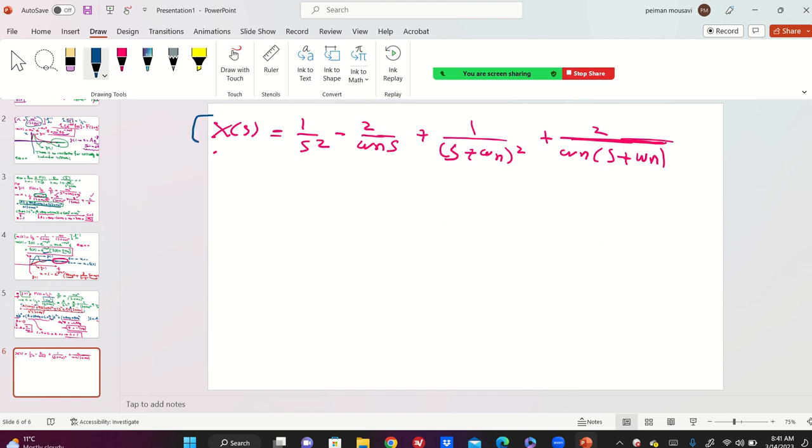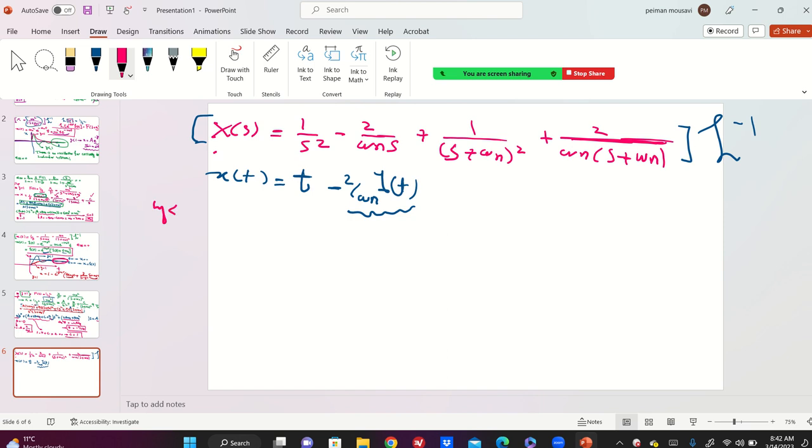Now it's simple to find x of t. So x of t is going to be the input ramp minus 2 over omega n. Here we go. And this is valid, guys. Why? Because I taught you when the system is underdamped, the steady state error signal was how much?